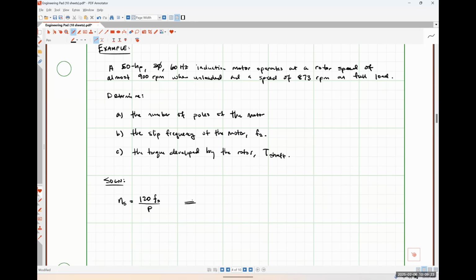So if we rearrange this, the number of poles P is equal to 120 times our stator frequency over our synchronous speed. So based on the information given in the problem statement, what is our stator frequency? 60 hertz, absolutely right. Divided by 900. The number of poles is 8.